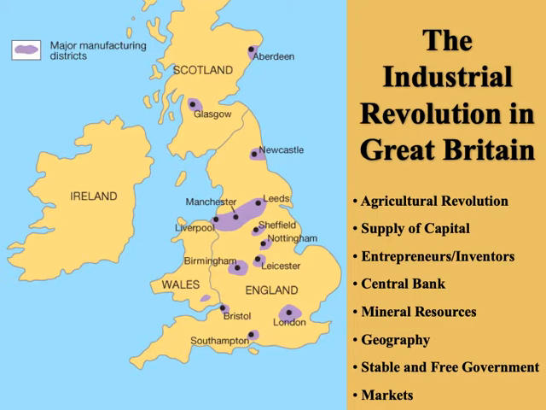A central bank established by the government also oversaw the nation's money supply, and a natural abundance of mineral resources in the British Isles were very important, including wool and coal and oil to come.